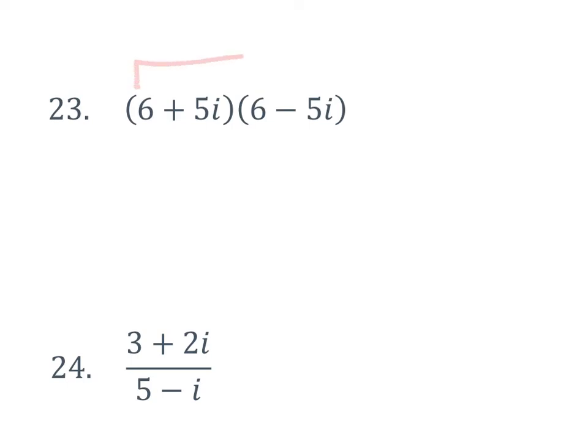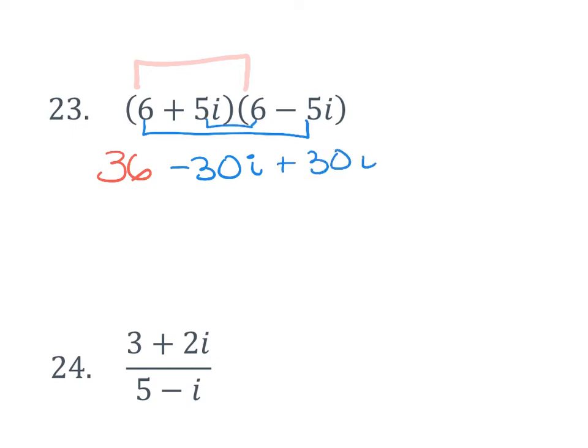So I'm going to do first and get 36. I'm going to do outside and get -30i. I'm going to do inside and get +30i. And then I'm going to do last and get -25i squared.